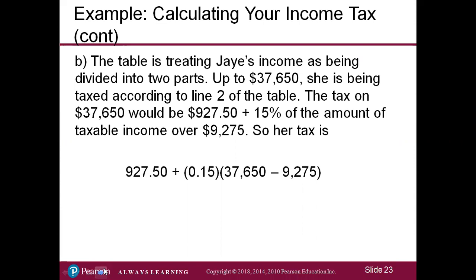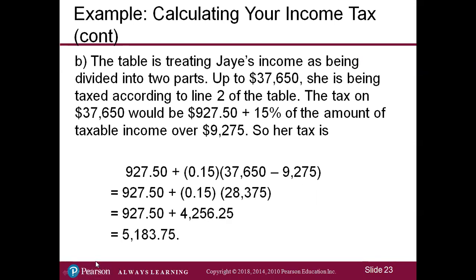So her taxes are $927.50 plus 15% of the difference between 37,650 and 9,275, which is the $5,183.75.